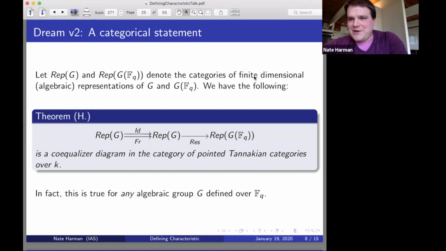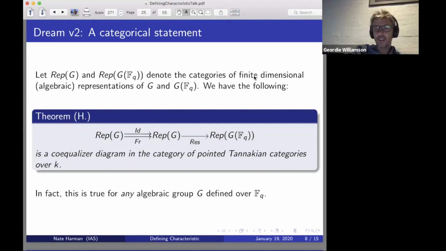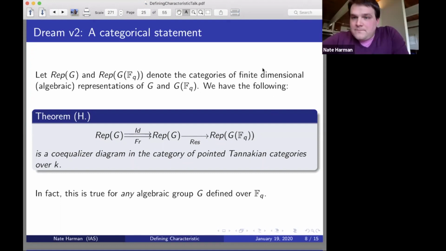And is the Grothendieck group statement definitely false for any algebraic group? Well, it's definitely false for non-linear algebraic groups, but I don't know for more general ones. It is true for the decategorified version.